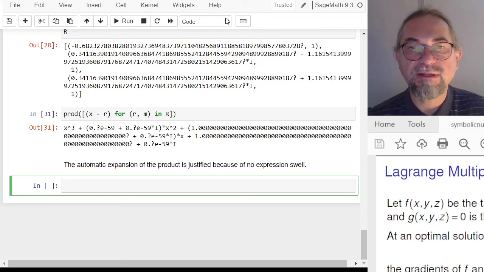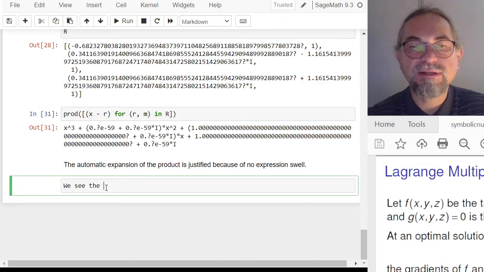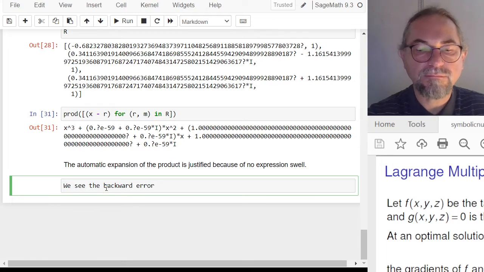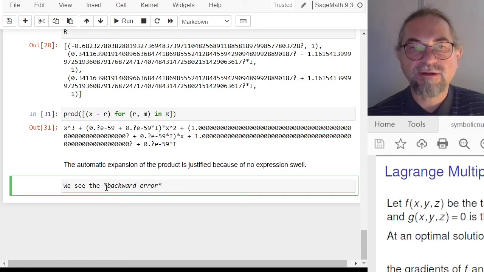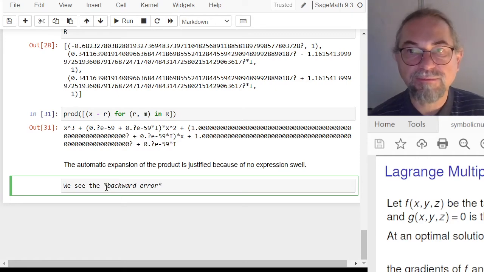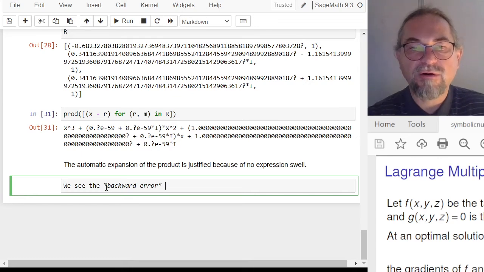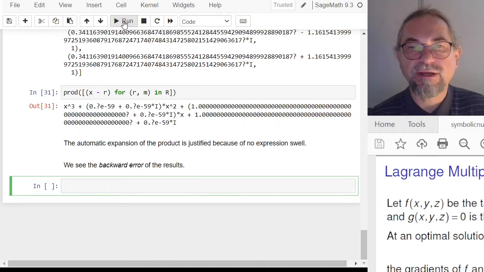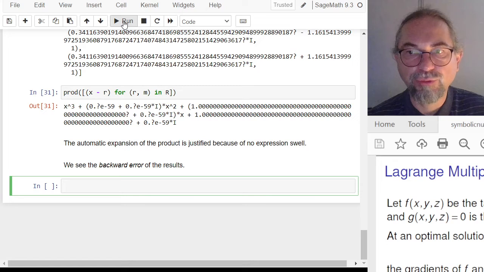What we see is what is called in numerical analysis the backward error. So the backward error is, we computed numerically at quite a high precision already of the results. So this backward error is the exact polynomial for which the computed roots are the roots.